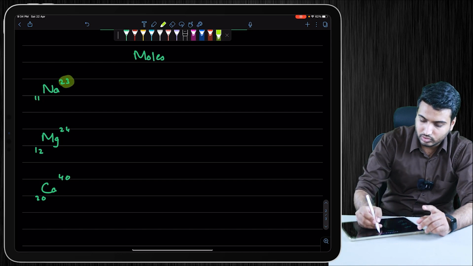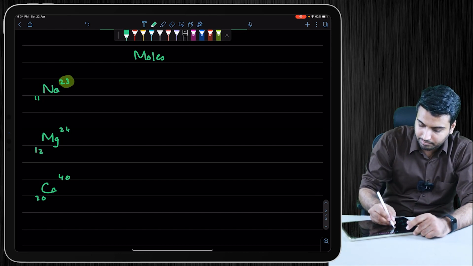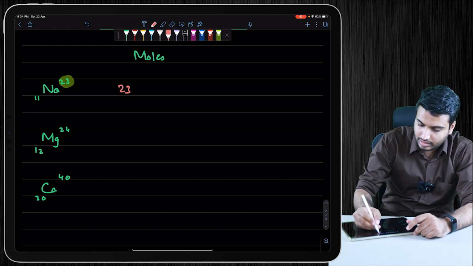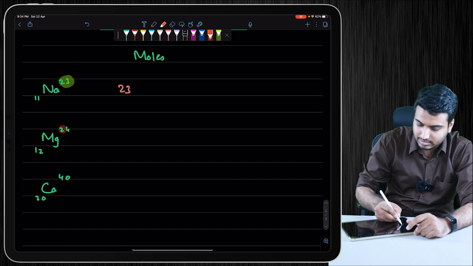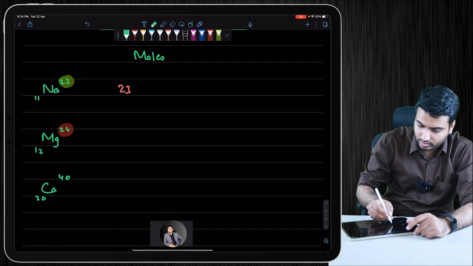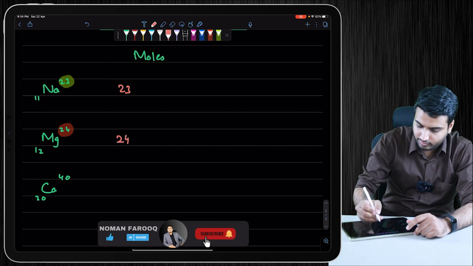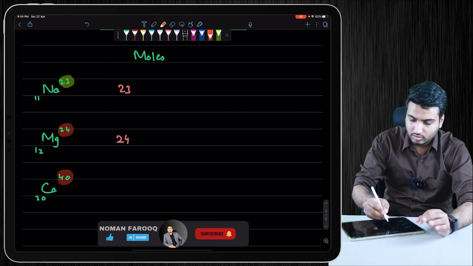The Ar of sodium is 23, Ar of magnesium is 24, Ar of calcium is 40.